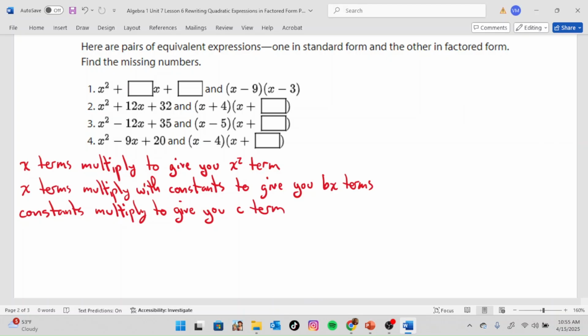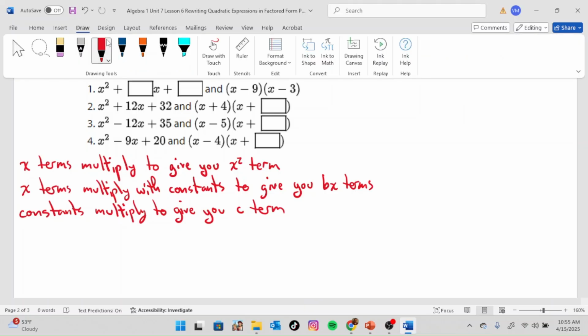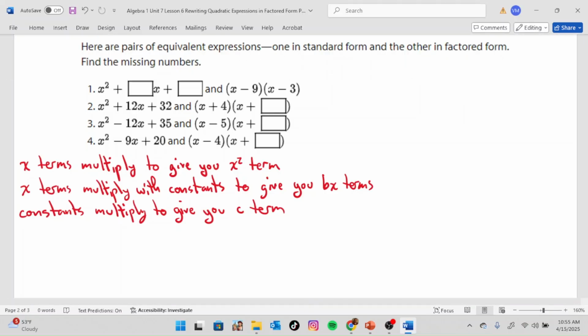So what we can do with 2, 3, and 4 is we can take the C term and divide it by the number that we know in the factored form. And that will tell us the number that's missing. Because if we multiplied the two constants from the factored form, they would give us the C term.